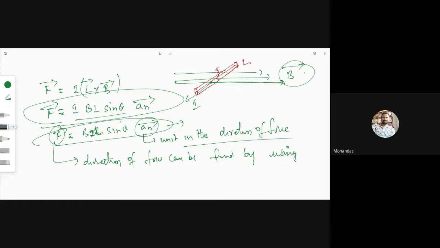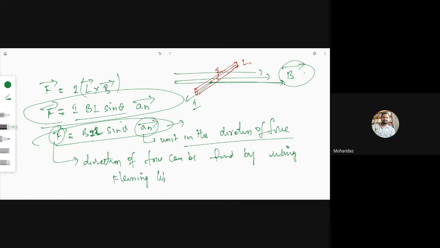By using which rule? What is the name of the rule? Left hand rule. Good.